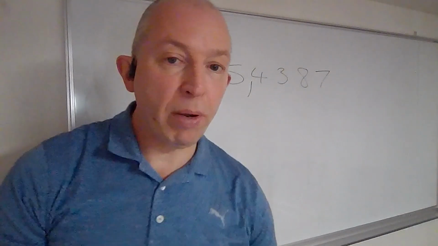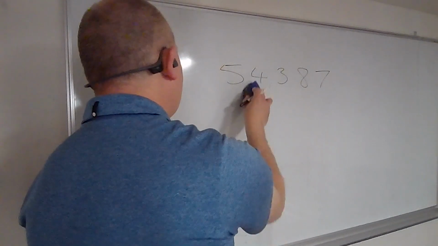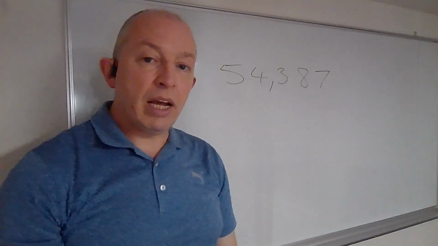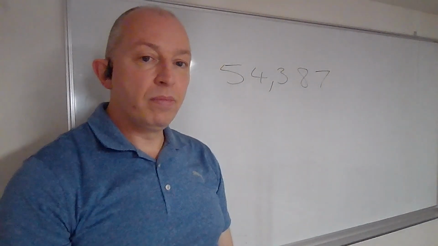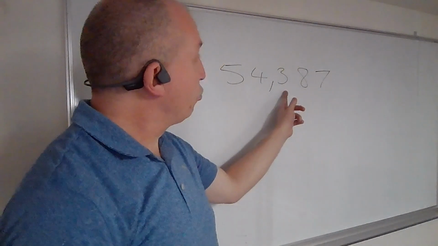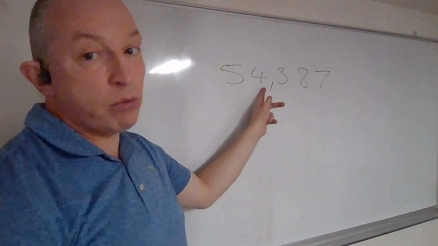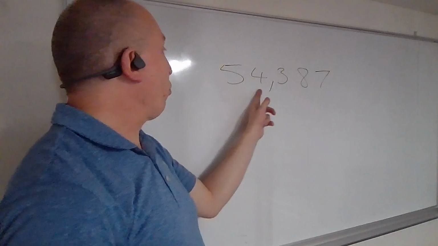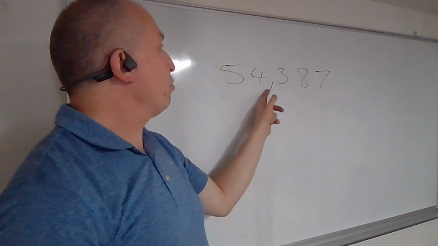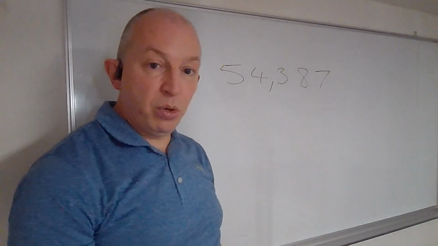No, the comma's in the wrong place, because we need to separate the last 3 numbers. What's the number now? We have 54,387.